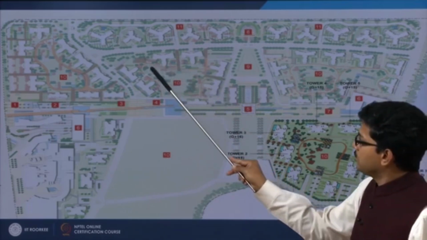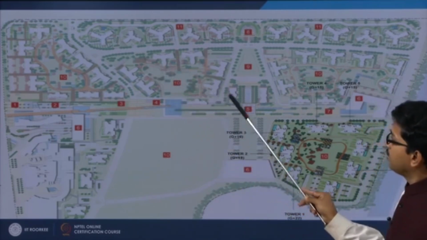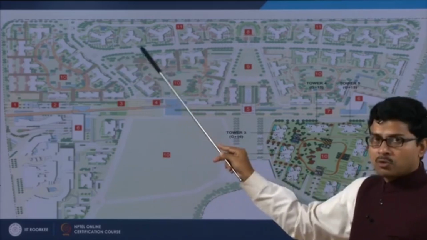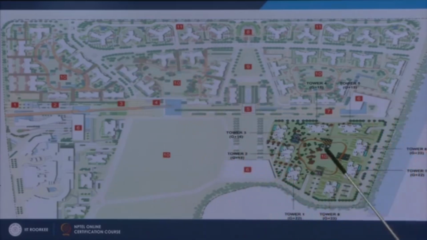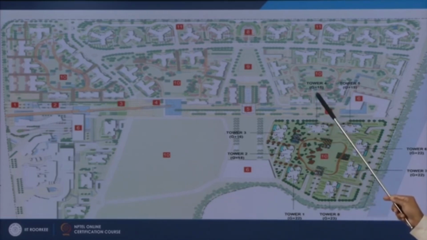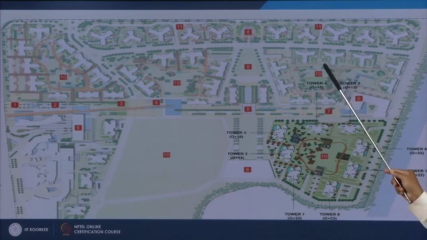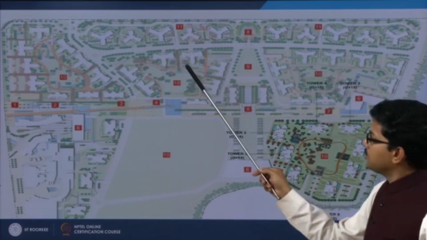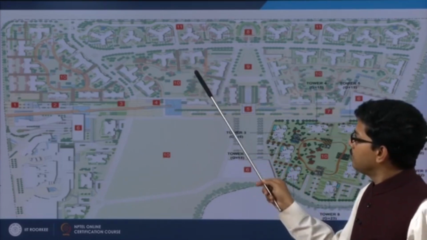You can see the pedestrian movement is possible, but in the periphery the roads are there, the vehicular movements are there. Similarly, here you can see that inside the campus or inside the complex, you can have the pedestrian movement, and some of the areas have the interface with the pedestrian and the vehicular areas, a connection between the pedestrian and the vehicular movement.